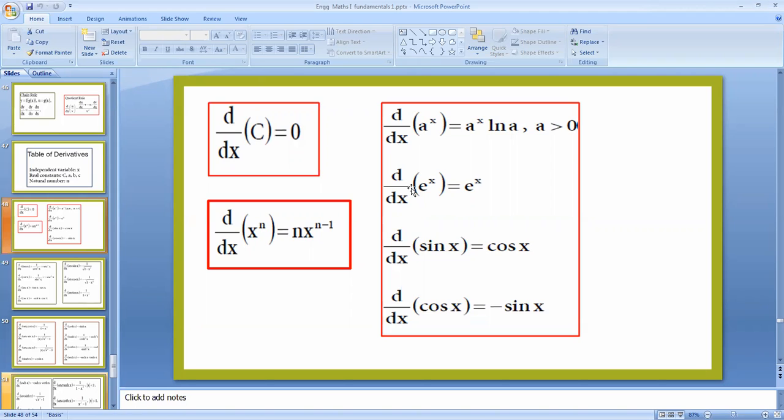Okay, function of function. What is that next? d by dx of sin x. You can find that directly, it is cos x. But instead of that, suppose there is sin of log of x square. How will you find this differential? d by dx of sin of log of x square.